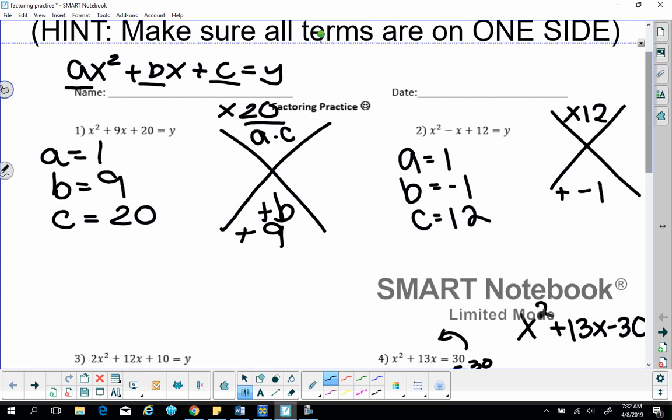If it's always a times c at the top, b at the bottom. Make sure it's still in the x. Be careful to make sure you're not doing, get rid of these. It's just the coefficients of 3.